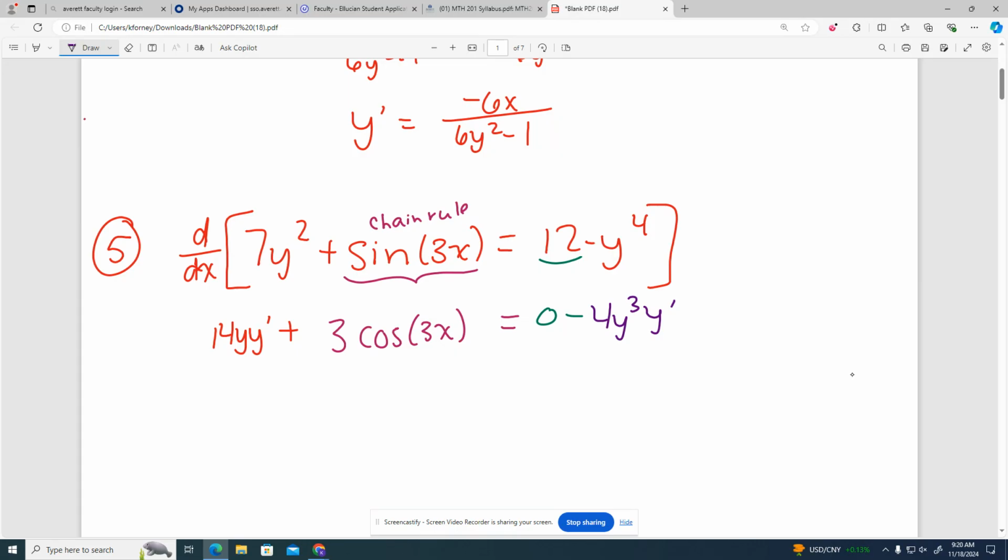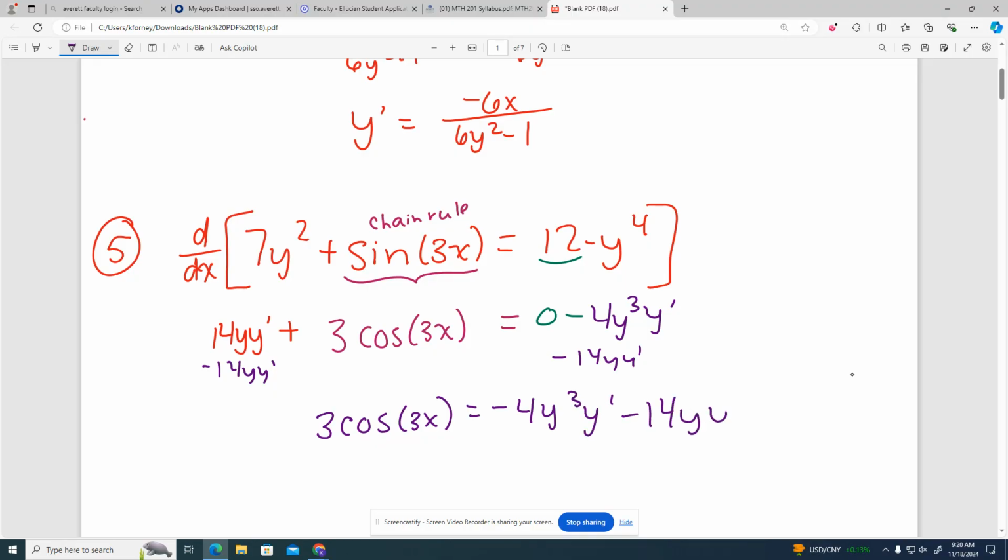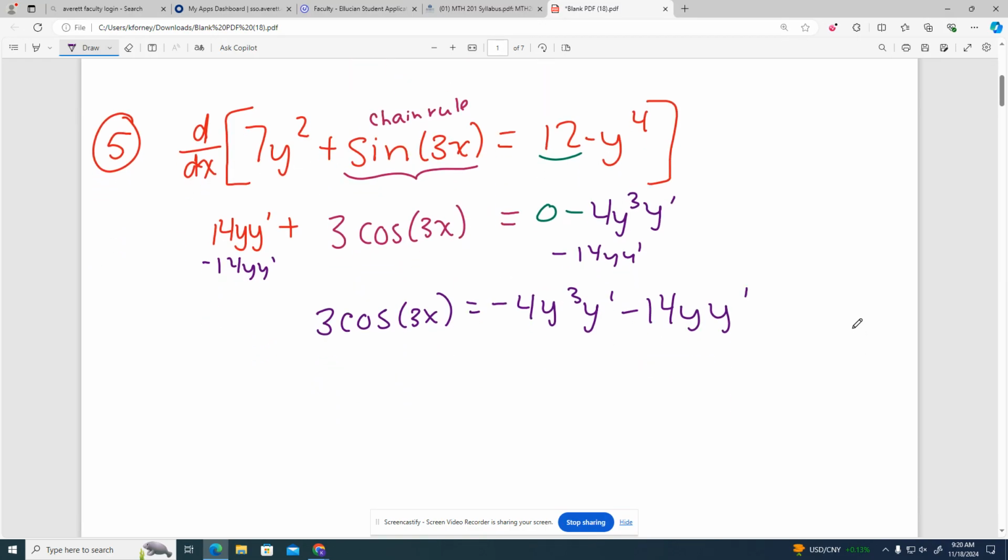So now we want to get our y primes on one side. I'm going to subtract my y prime term. That's negative 4y cubed y prime minus 14y y prime. This next step's optional if you want to show it, but I do like to factor out the y prime.